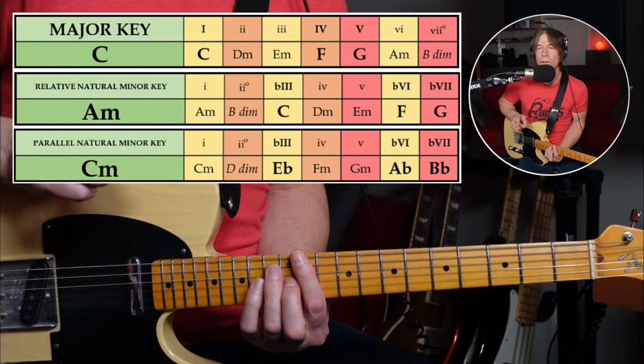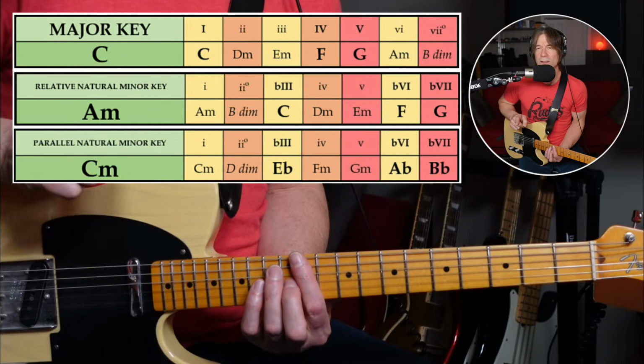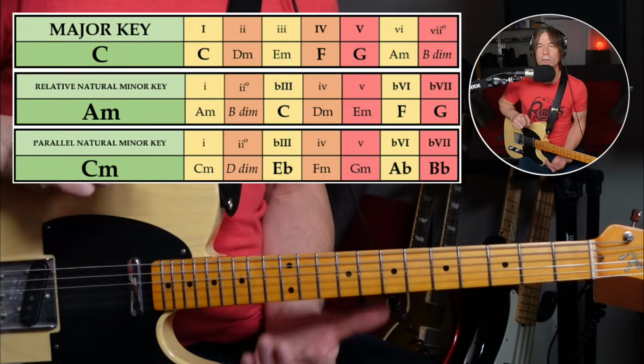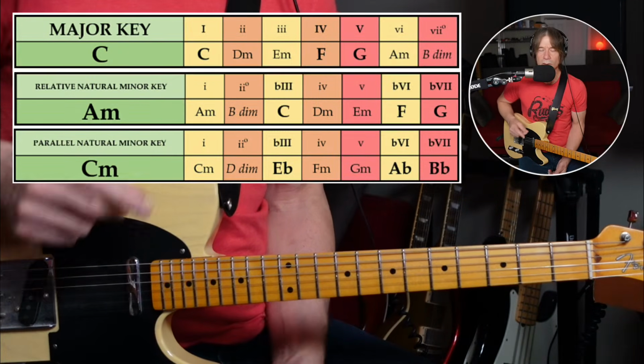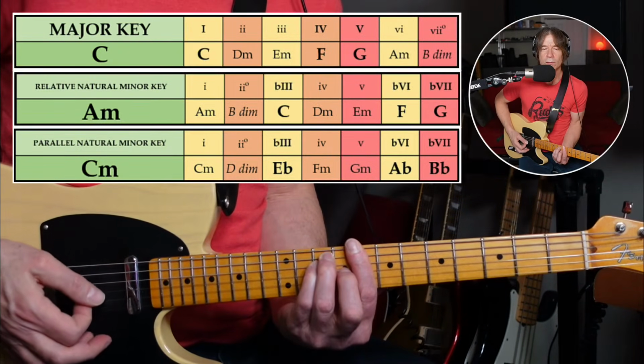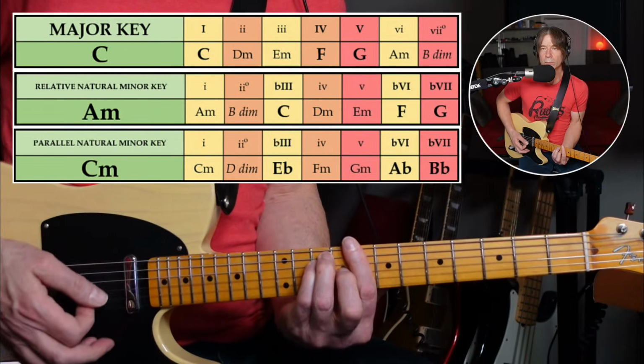Because look, here's the third chord. Look at the C minor, E flat. Look at A minor, the 3 chord is C. The 3 chord is always going to be the relative major, just like the 6 chord of C is the relative minor. So A minor's relative is C major.